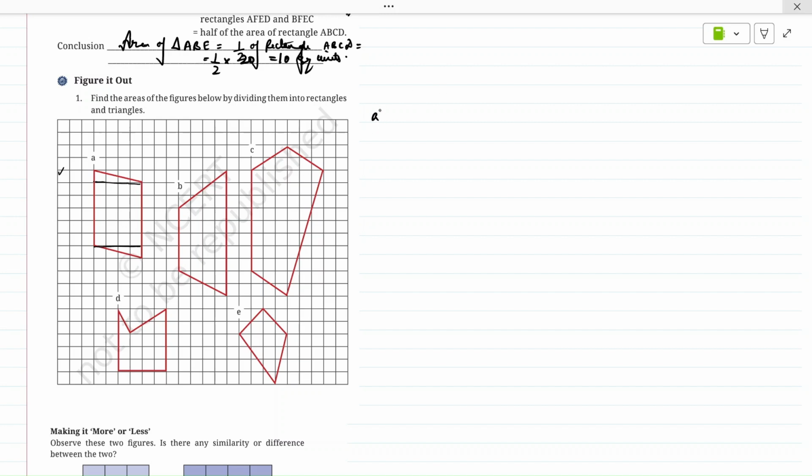So in the first figure, we have two triangles and one rectangle. I'm marking this as first, this outside as second, and this as third figure. So first plus second plus third.